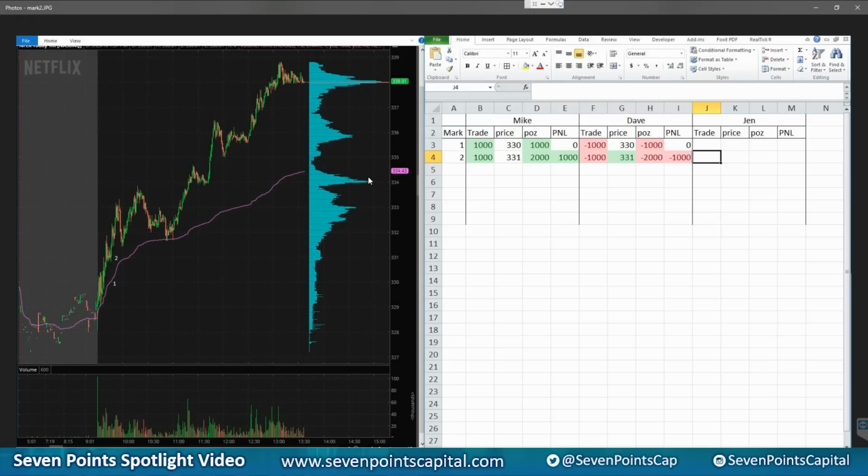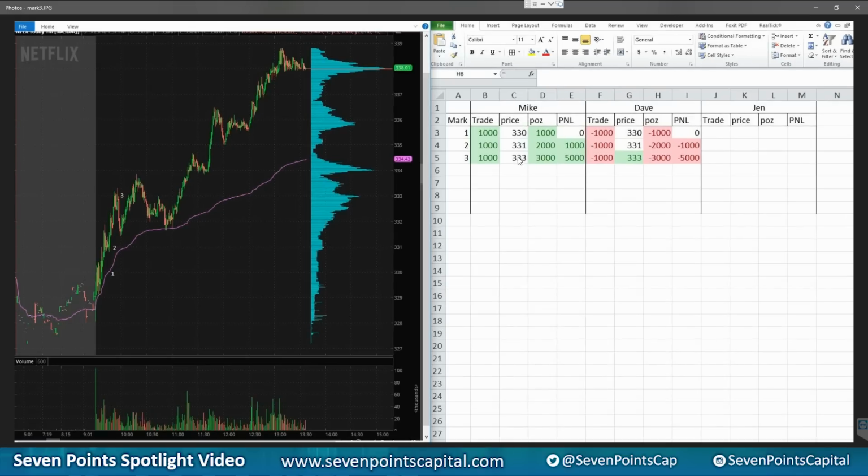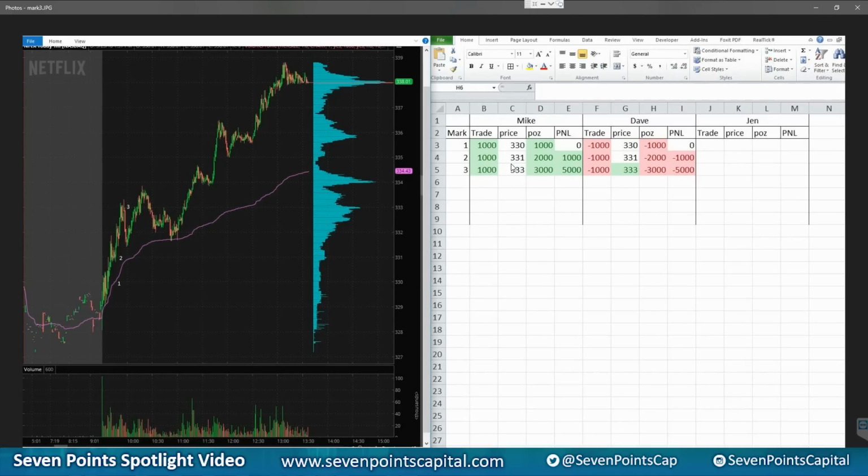So let's go to the next spot. At 333, you guys could see here, number 3 on the chart. Mike says, this is working. I bought it at 330, I bought it at 331, and now the price is at 333. I want to buy some more. And he buys another 1,000 shares at 333.